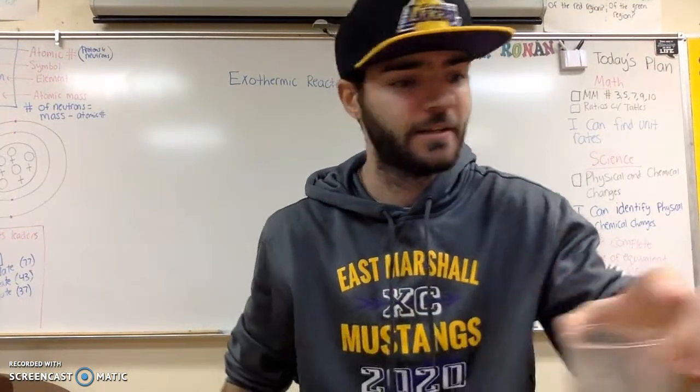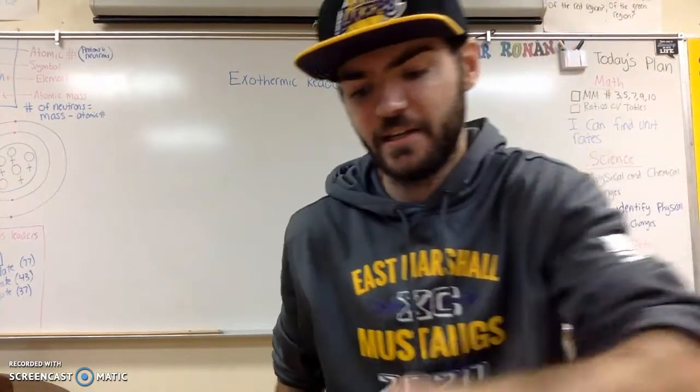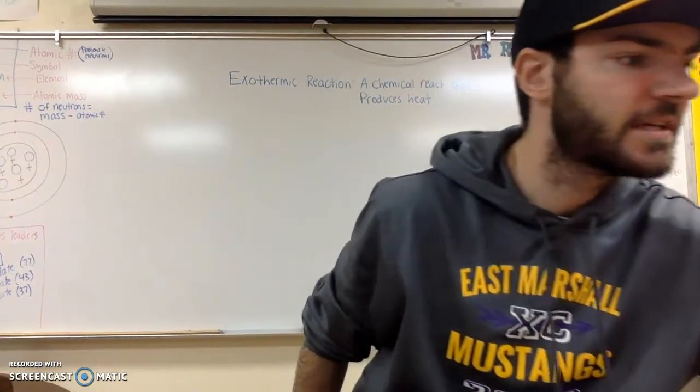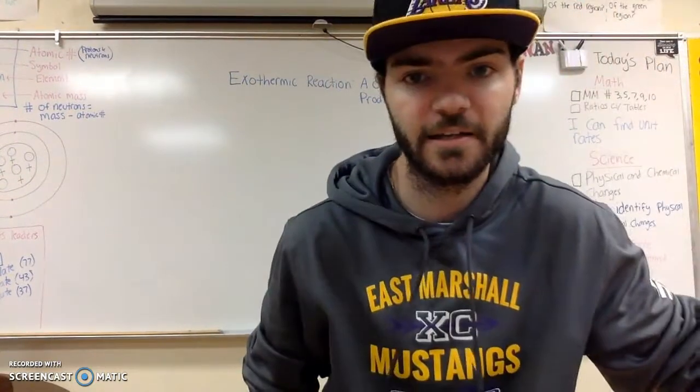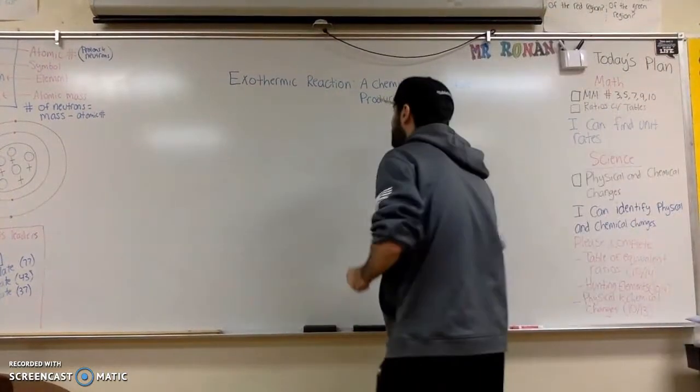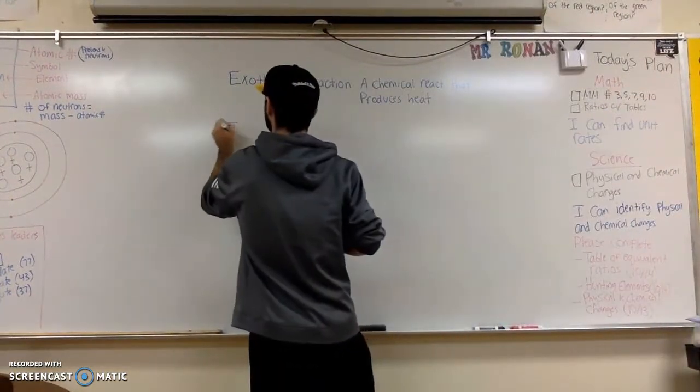Yeah, really hot. So if there is an exothermic reaction, we can be sure that there is an endothermic reaction. There's a reaction that makes things hot, and we also have a reaction that makes things cold, and that's the endothermic reaction.